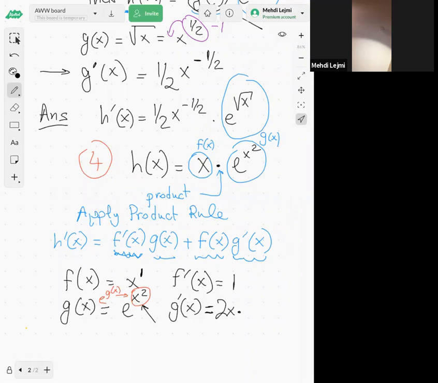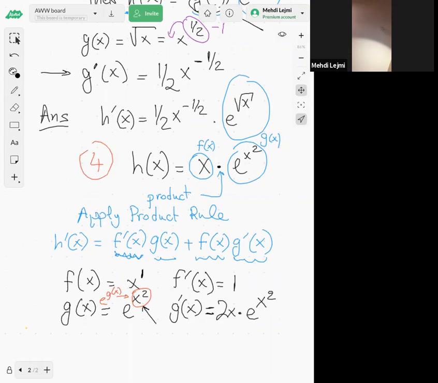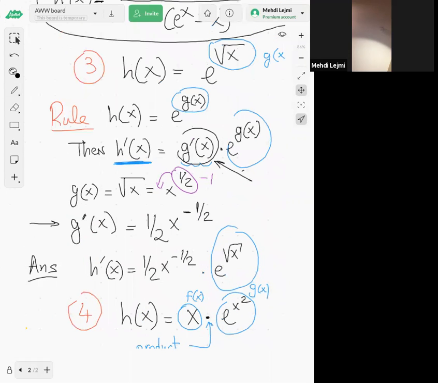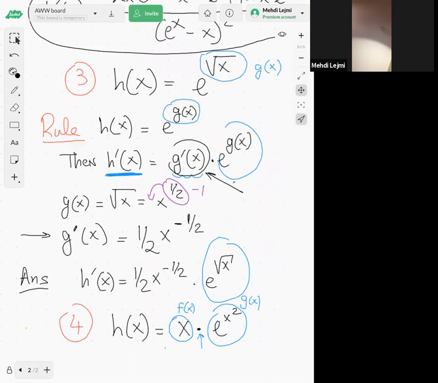Again, this is like the example with e to the square root of x. In number 4, we have e to the x squared. So for e to the square root of x, we said in the front we have the derivative of square root of x times e to the same power.